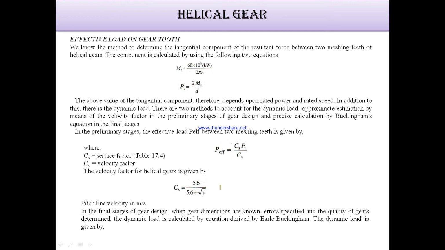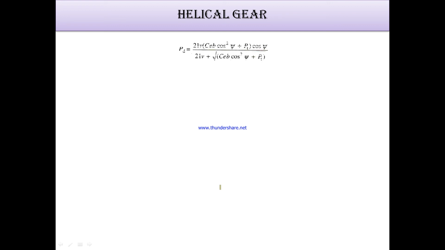The dynamic load is calculated with the help of Earle Buckingham. Different books use different equations, but as per the syllabus, most of the time Earle Buckingham is preferred for finding the dynamic load. Our dynamic load for helical gear is the same as for spur gear, only cos square psi, or cos of psi, is added here.